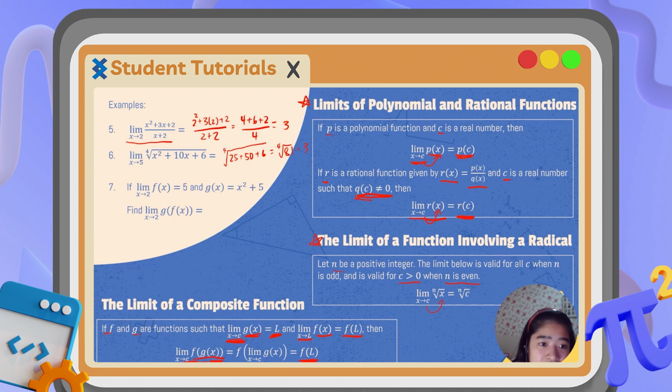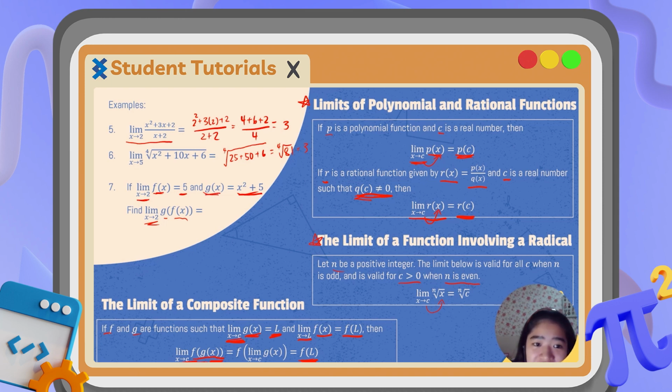And here we have, if the limit of f of x as x approaches 2 is equal to 5 and g of x equals x squared plus 5, we're asked to find the limit of the composite function g of f of x as x approaches 2. So here we can just make it as follows.